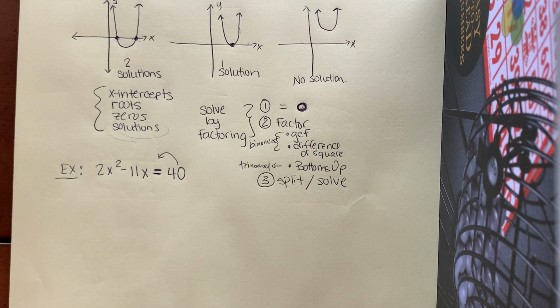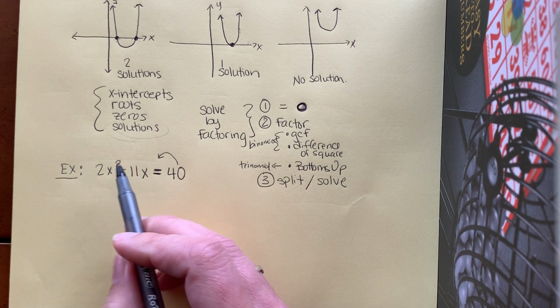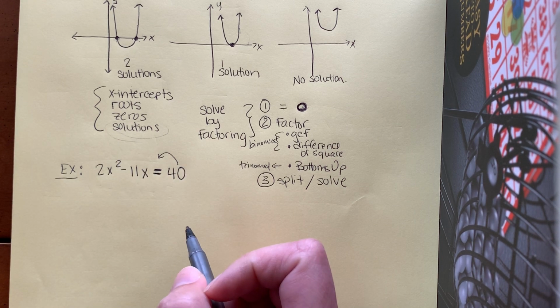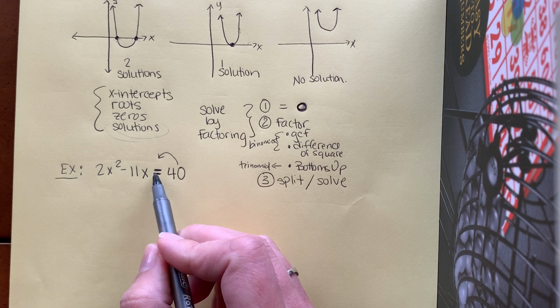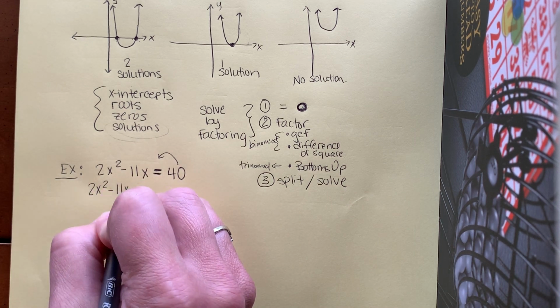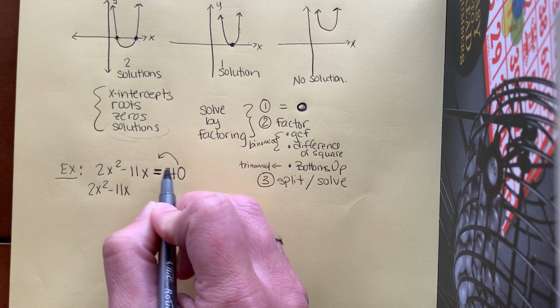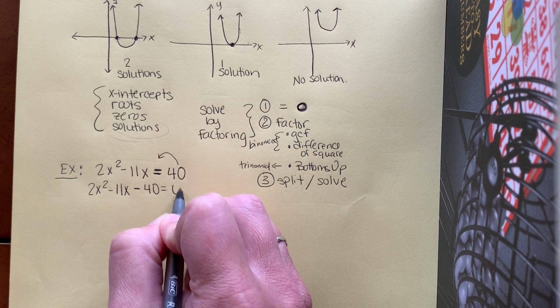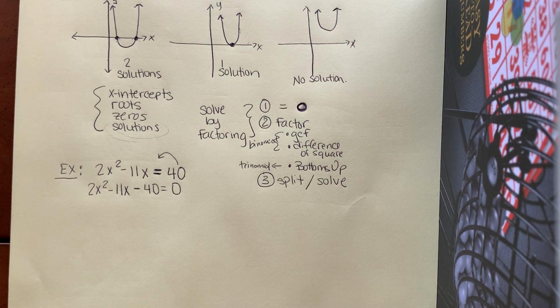It's very important when you set these things equal to 0 that you leave your equation in standard form: the x squared term, followed by the x term, followed by the constant term. So when I move this 40 over, it's going to go on the end because it's the constant. And because I'm moving it over the equal sign, you simply change the sign. It was positive, now it's negative, because we're subtracting it to the other side. So 2x squared minus 11x minus 40.